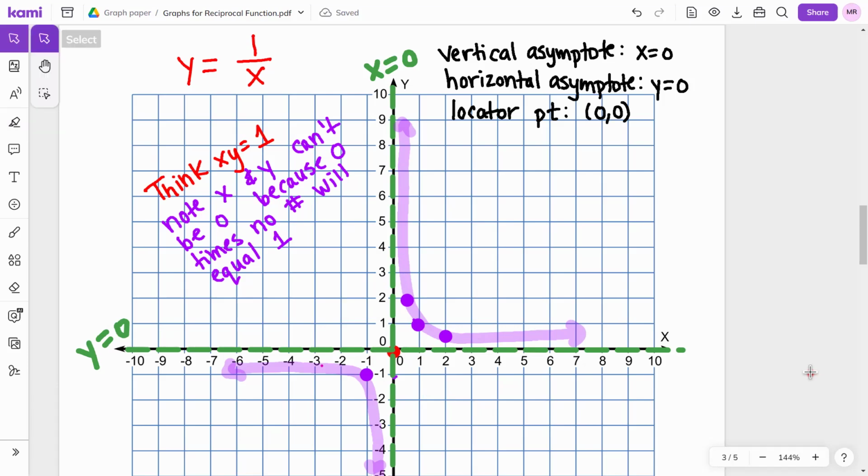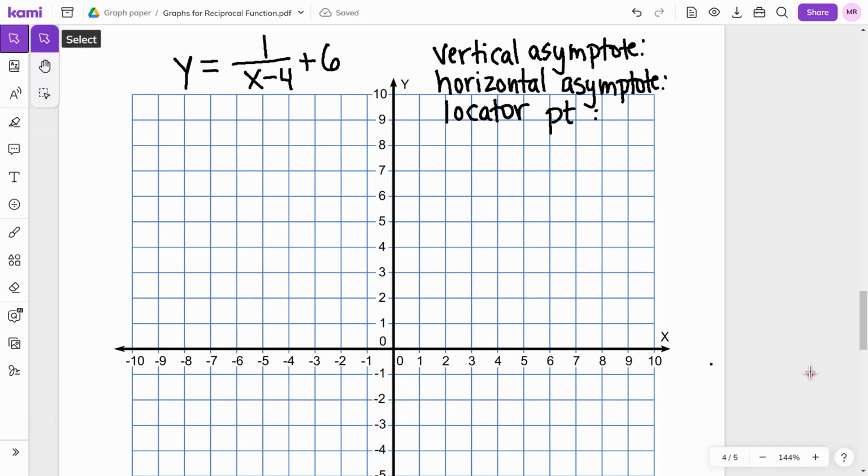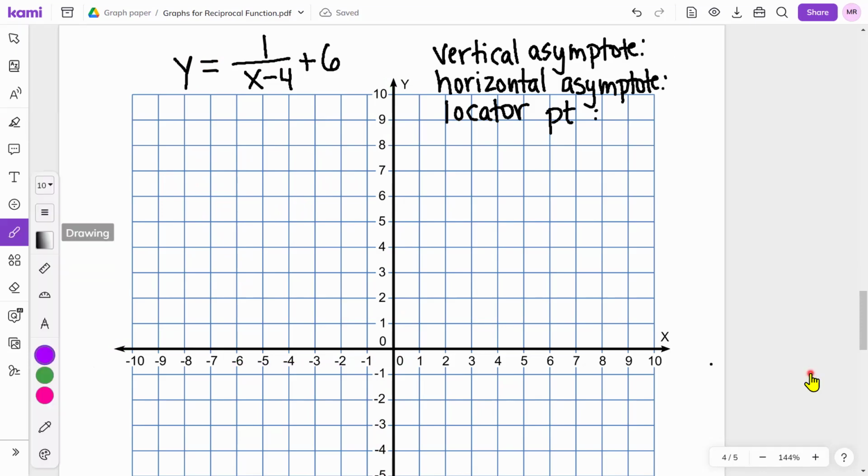Now, last graph. Let's say we have a 1, but it is being shifted. Okay, so we are going to have our vertical asymptote at what makes this 0. So that's going to be x equal 4. We're going to have our horizontal asymptote at the plus 6.